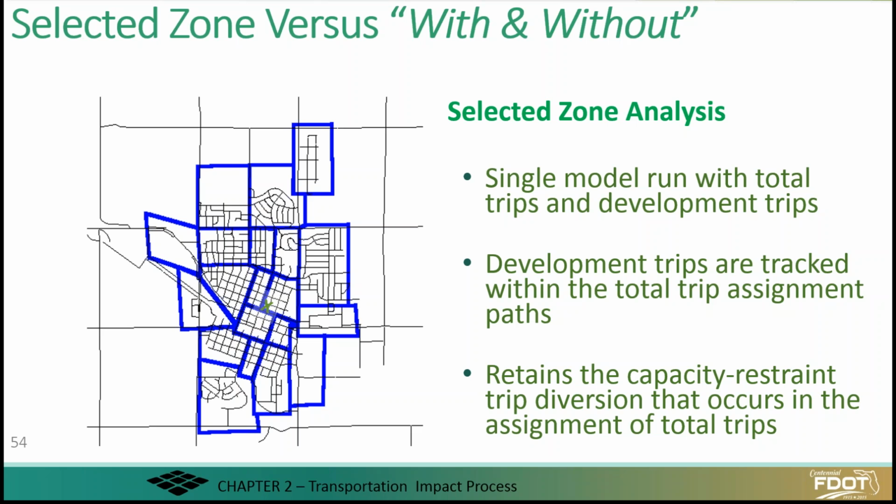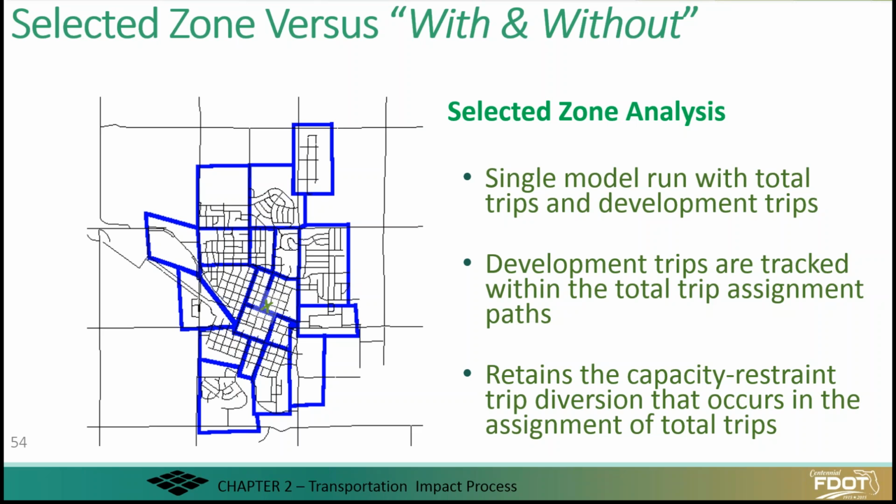Now we're going to discuss briefly a particular methodology that is not desirable or even permitted in the state of Florida, and how it compares to this selected zone method that we're discussing now.